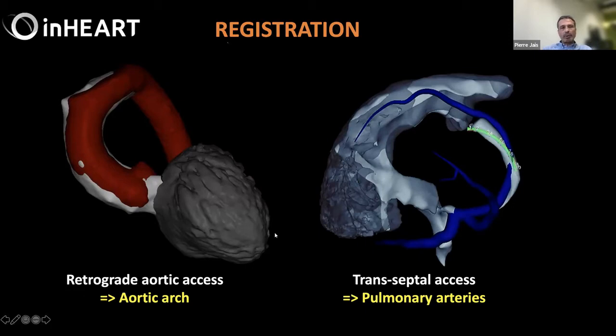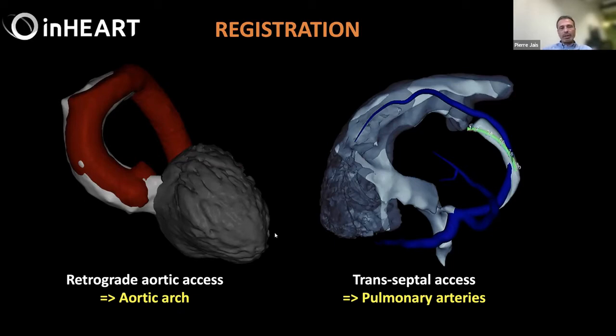The important point here is to be very restrictive on the respiration curve, because if you don't take your points in expiration, then you're going to have a lot of variation, and your reconstructed aorta from the 3D system will look weird and very large.